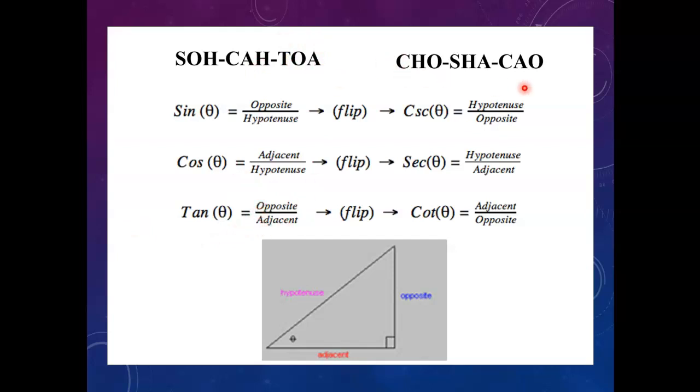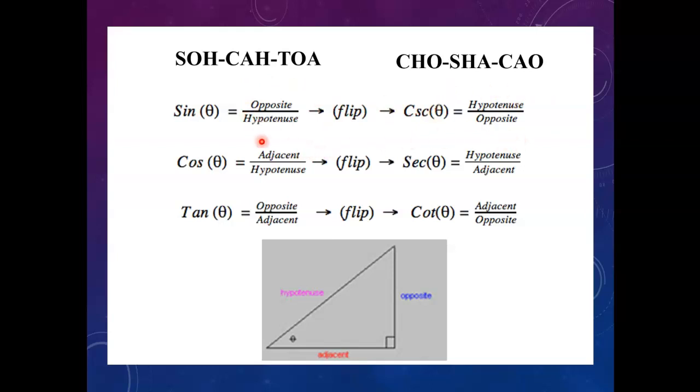Now, the CHO-SHAKAW works the same way. These are the initials of the definitions of cosecant, secant, and cotangent. You may also notice here the word flip. That means sine and cosecant are related because they are reciprocals of each other.